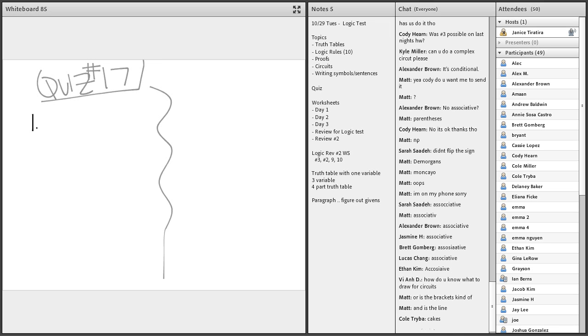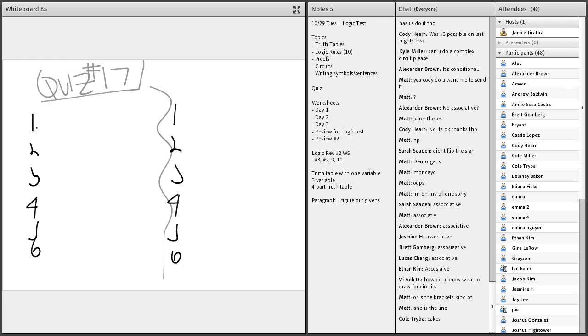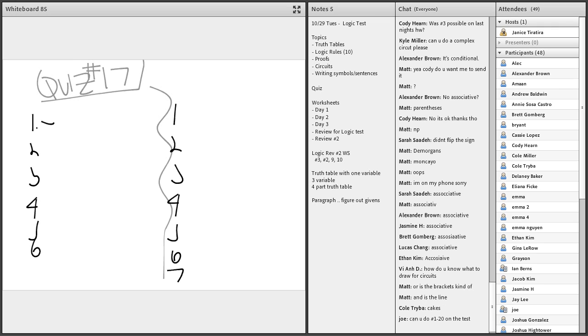So I'll do 1, 2, 3, 4, 5, 6 versus 1, 2, 3, 4, 5, 6, 7. So contrapositive is awesome to save the double negations. You don't have to do it. So let's say we're given this, and if I immediately change the order, that means I did contrapositive.